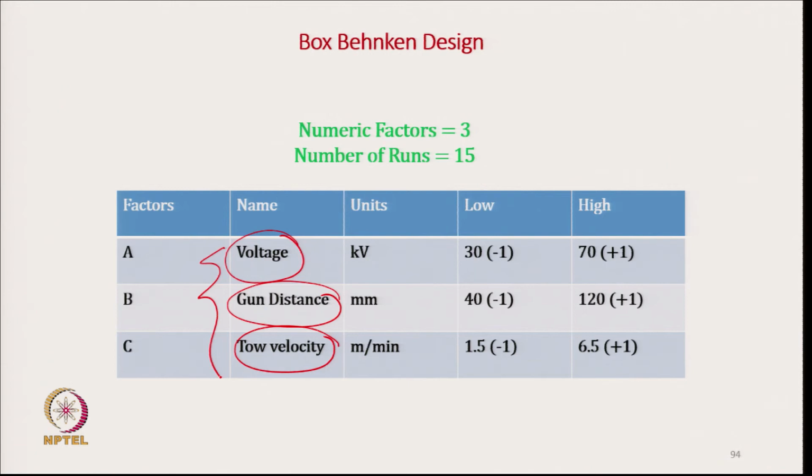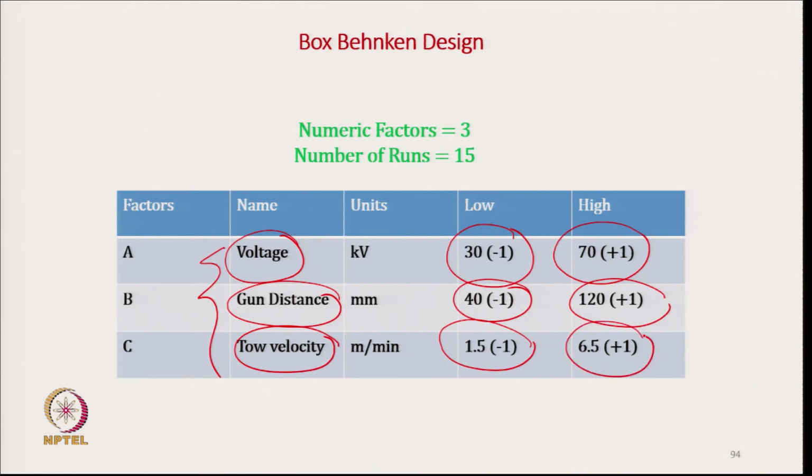The voltage lower value is 30 and higher level is 70 kilovolt, gun distance from 40 to 120 millimeter, and toe velocity from 1.5 meter per minute to 6.5 meter per minute, and in between at the center value we have taken 50 kilovolt.